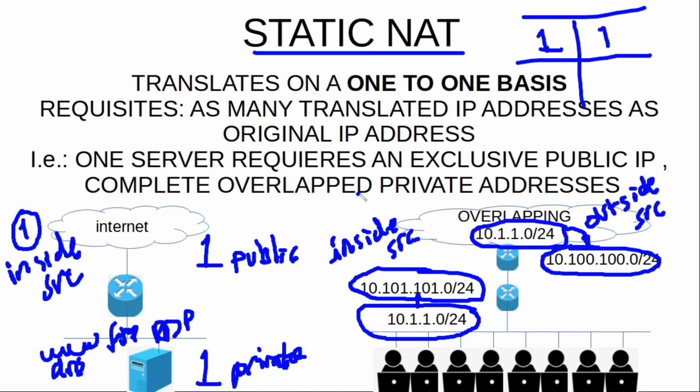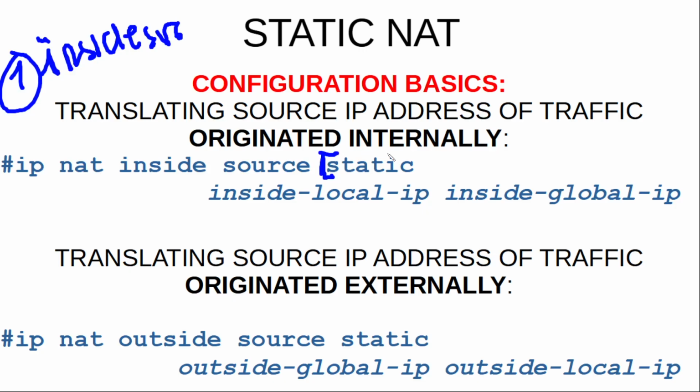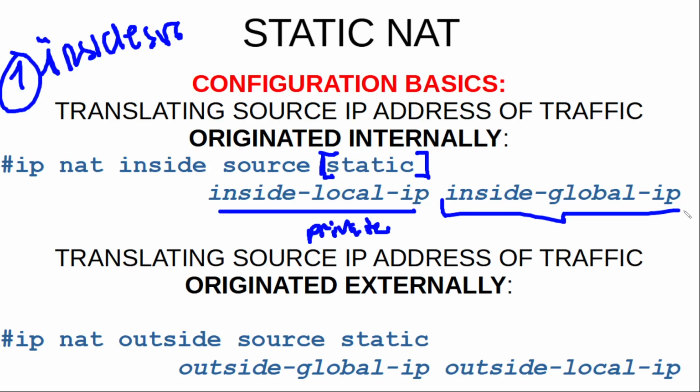So in order to configure this, for option 1, inside source, you are going to configure IP NAT inside source static, and then your inside local IP address, for instance, your private IP address, and then your inside global IP address, that is your public IP address, for instance.